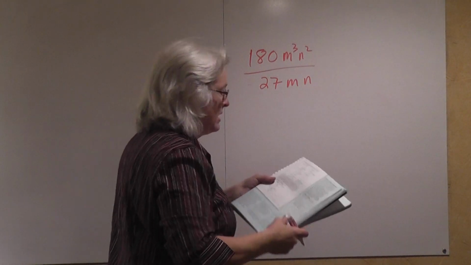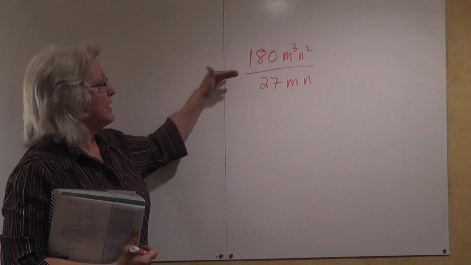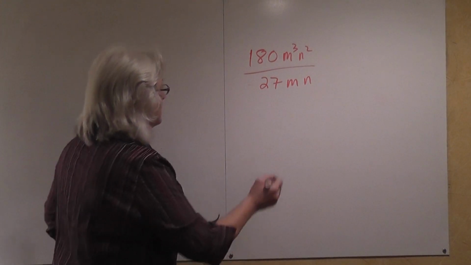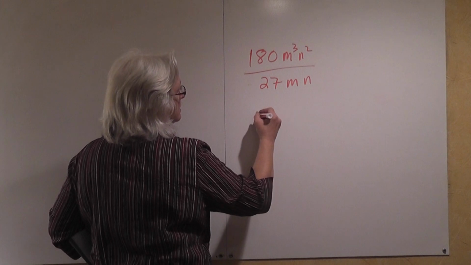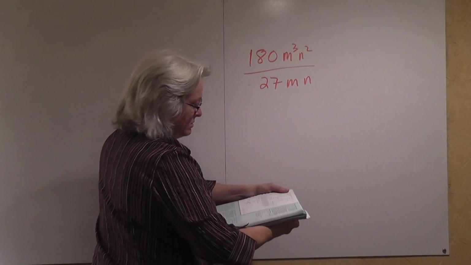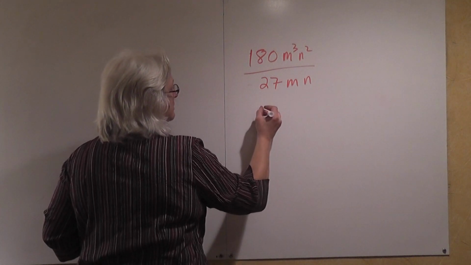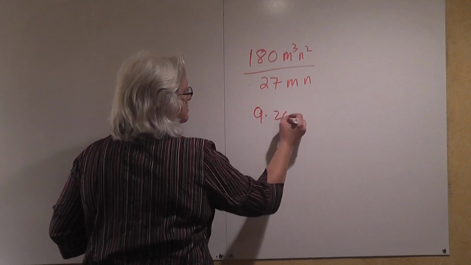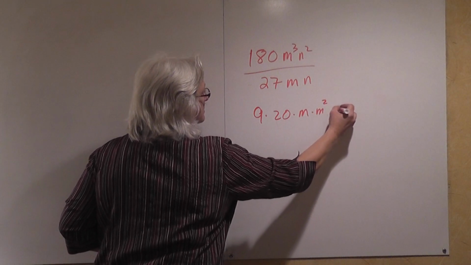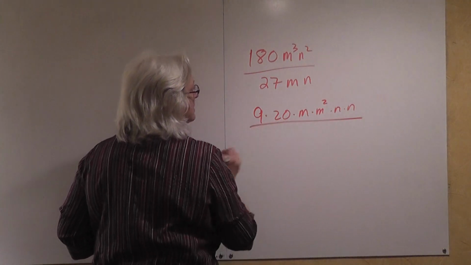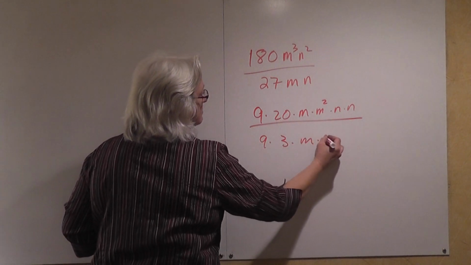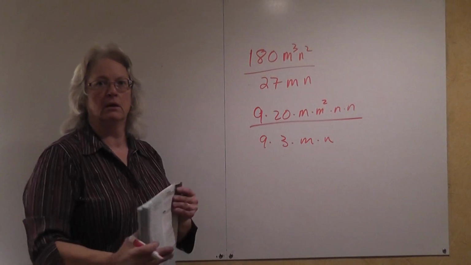Now I'm going to go ahead and write out factorization here and say that this would be 9 times 20 times m squared times n, over 9 times 3 times m times n.